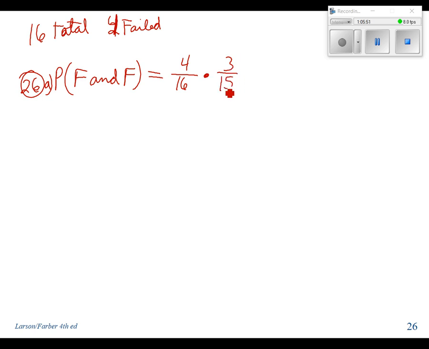We could reduce this down to make it easier. That's 1, that's 4. You can reduce up and down also. That's 1, that's 5. What's 1 times 1? 4 times 5. Somebody change that to a decimal for us. 0.05.